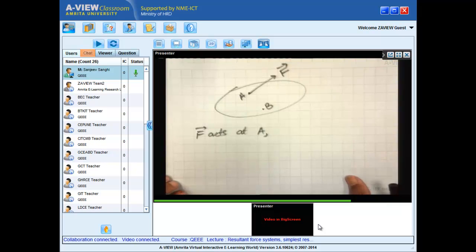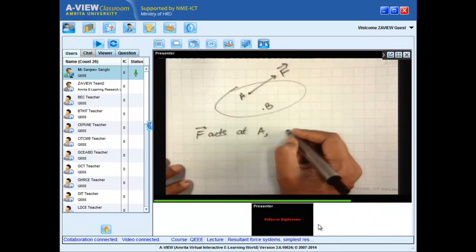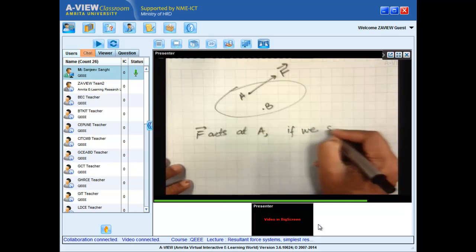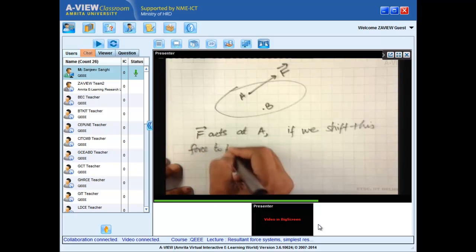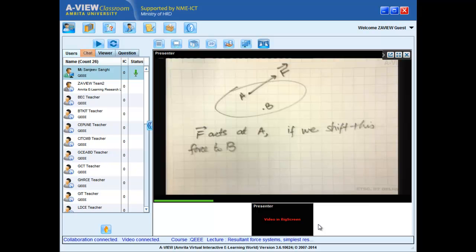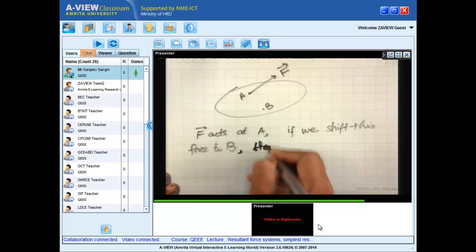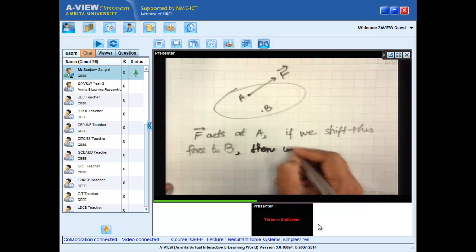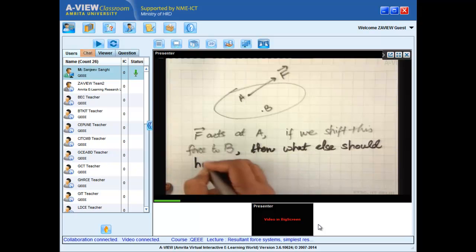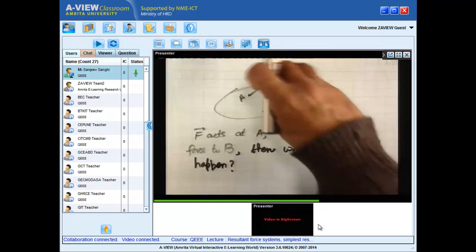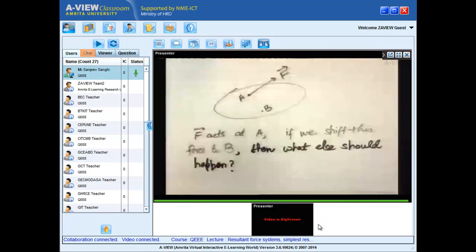So a force F acts at a point A, and we want to find out what happens if we shift this force to point B. Can we just remove the force at A and shift it to B, or should it accompany something else?